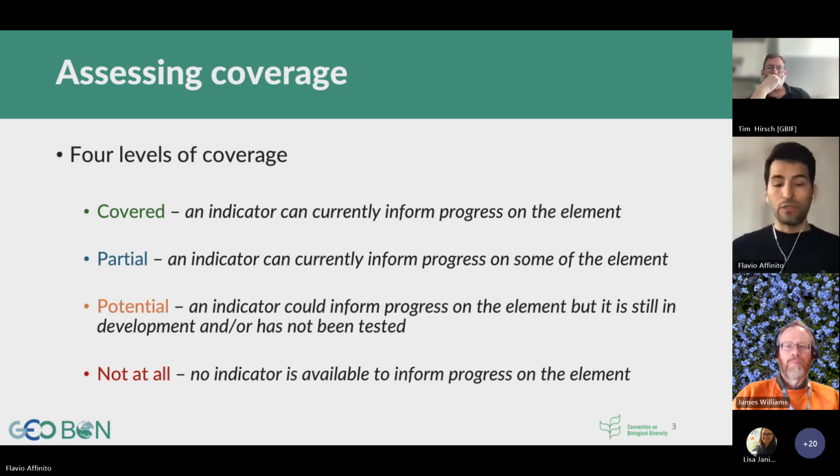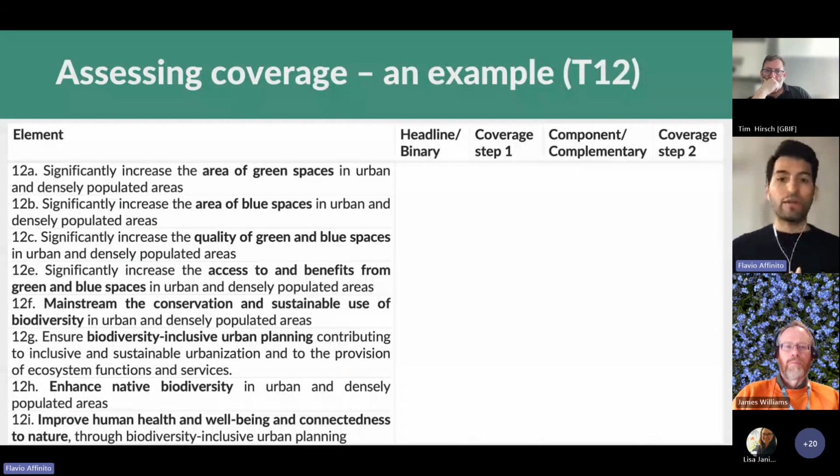To give you an idea of what that might have looked like, I'm going to work through target 12, because it's got 8 elements, and it's got 1 headline, 1 binary, and 1 component. So it'll be easier for us to work on a single slide.